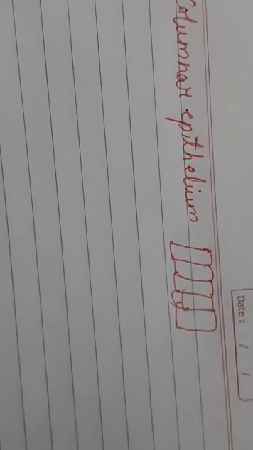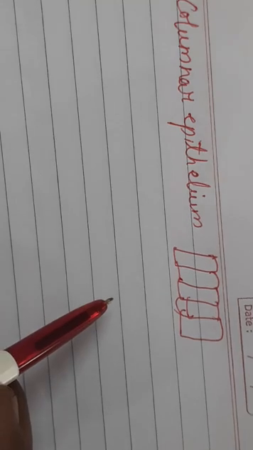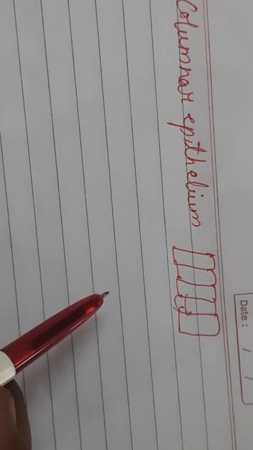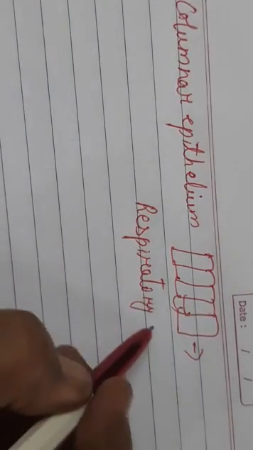Now these are, as the name indicates, like columns, or you can say pillar-like structures. Wherever absorption and secretion takes place, children, you can find columnar epithelial tissues. That is, in our respiratory tract, you can find it.